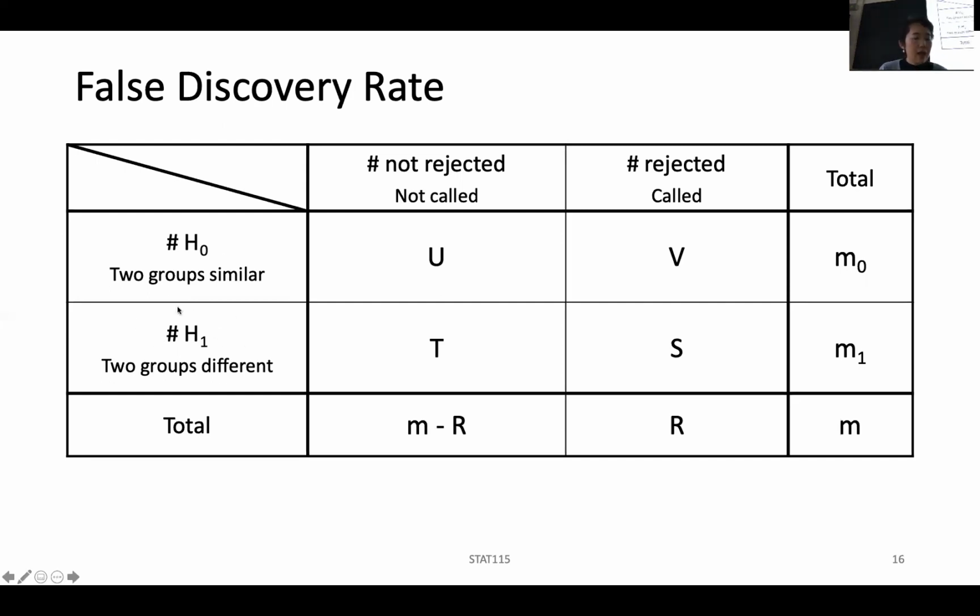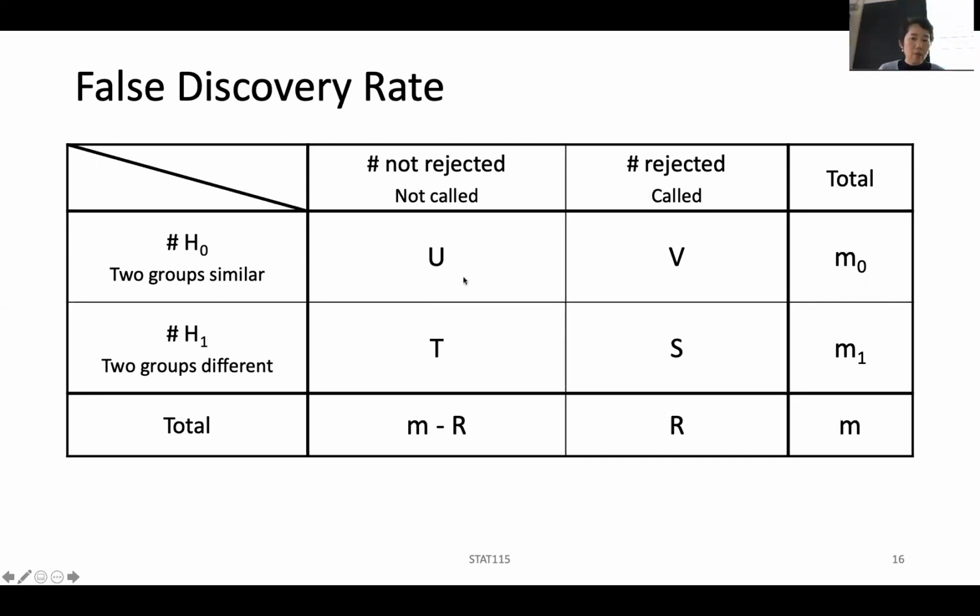In the alternative hypothesis, you are saying that the two groups are actually different. The columns indicate that for whatever statistical test, you make a call to say they are different, or a call to say they are not different, which means whether you reject or do not reject the null hypothesis.